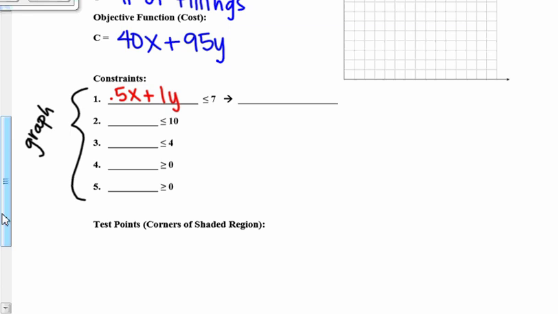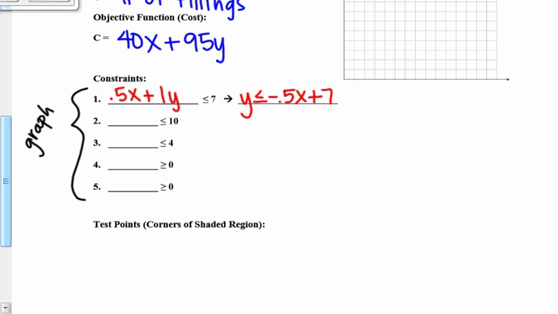So 0.5x plus 1y is less than or equal to 7. All I have to do here is subtract over 0.5x to get y equals something. So when I subtract over 0.5x, I get y is less than or equal to negative 0.5x plus 7.